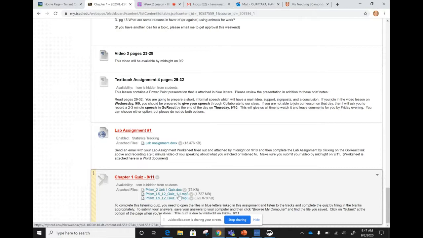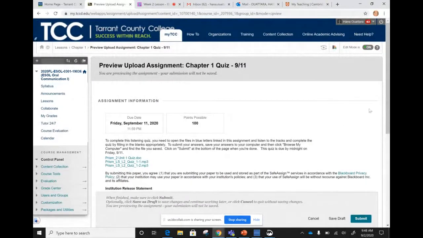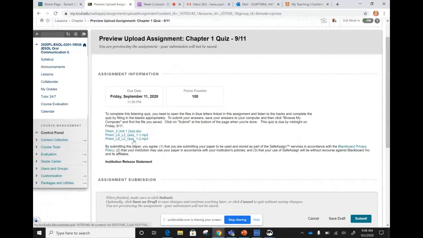So you'll click on this 1.1, and then it will ask you for another section, 1.2, and you click on this one, and that's how you're going to be able to answer the questions. Okay? So when you're ready to do that, you open these files on your computer, you click on the assignment. The files are here also in blue letters, okay?